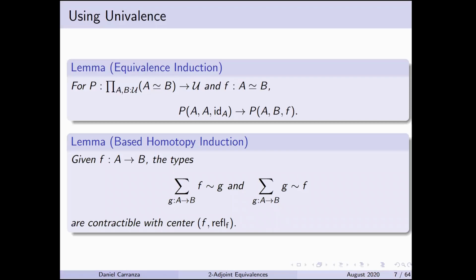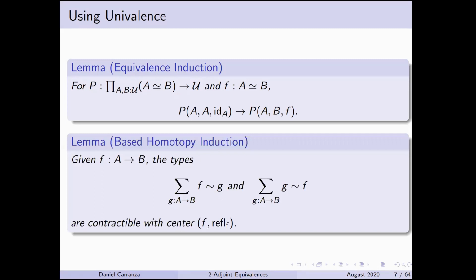And the other lemma that we're going to need is this based homotopy induction, which says that if we fix a function f from A to B beforehand, then it turns out these sigma types are contractible. This is the type of functions that are homotopic to f. This parallels a similar result for paths: if you fix some x in a type A, then the type of elements of A that are equal to x is well known to be a contractible type.